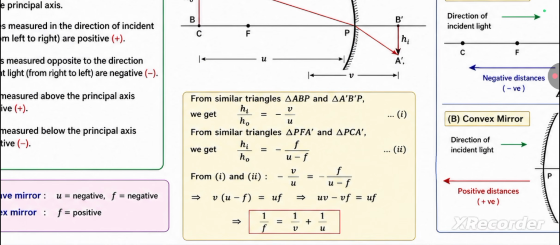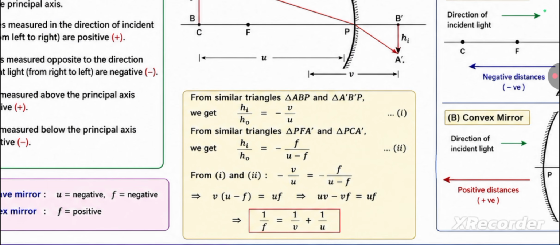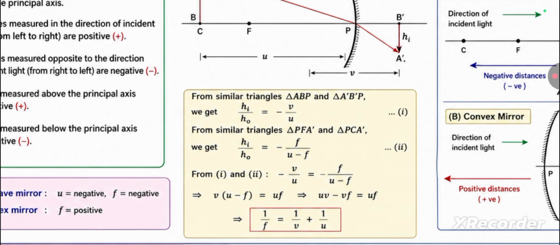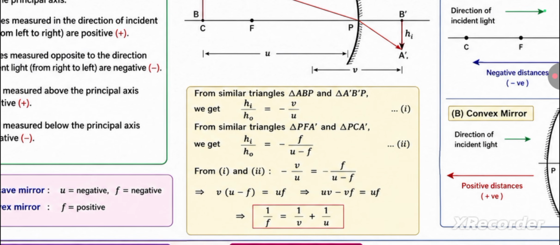So simplify this equation. v into u minus f is equal to uf. That implies uv minus vf is equal to uf.